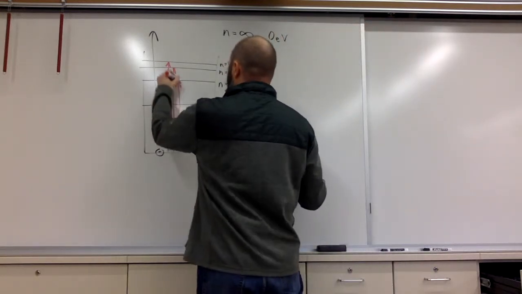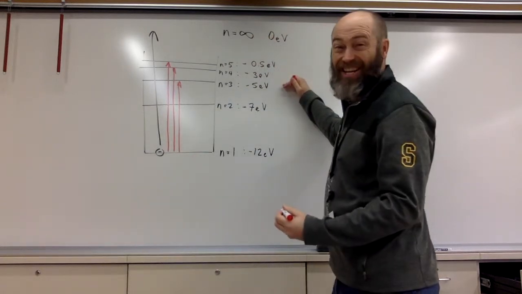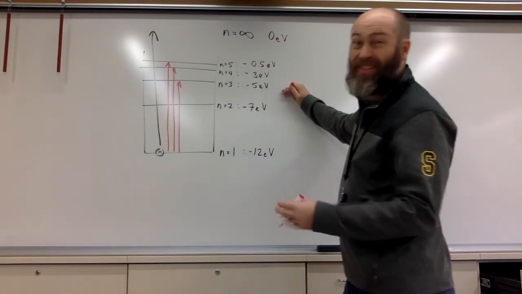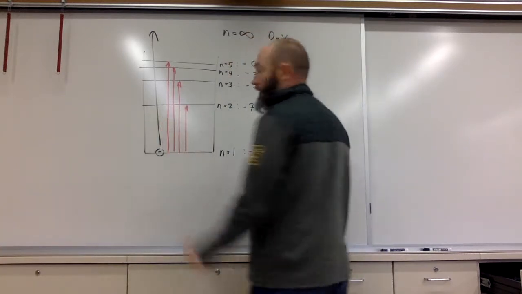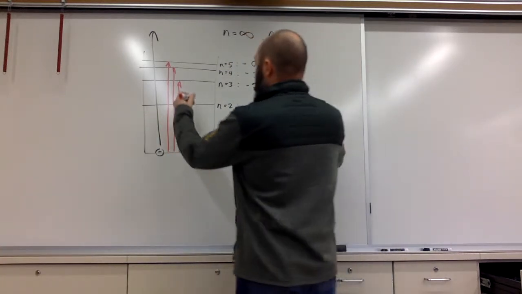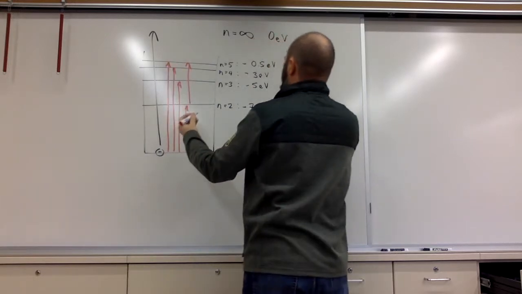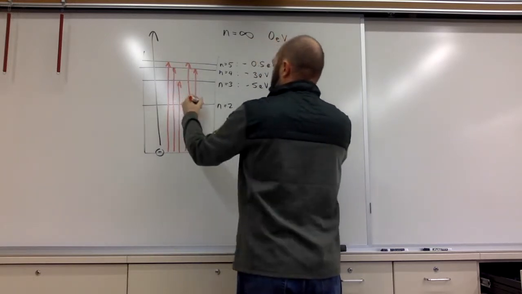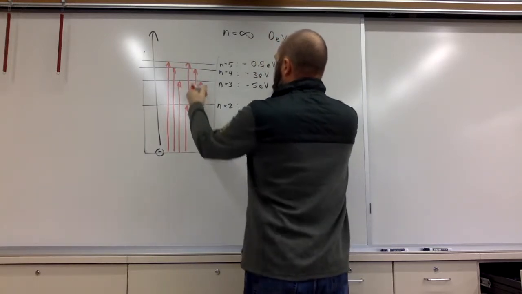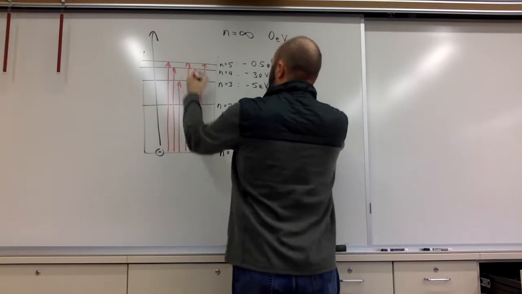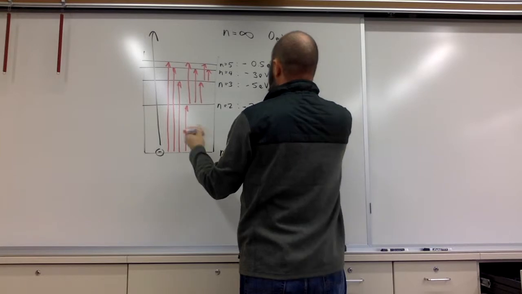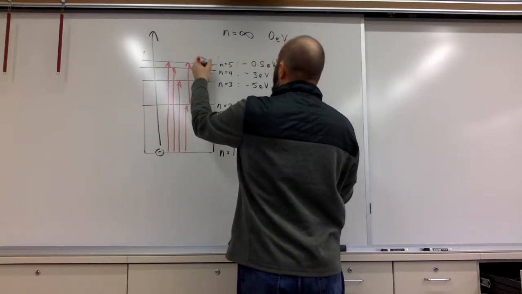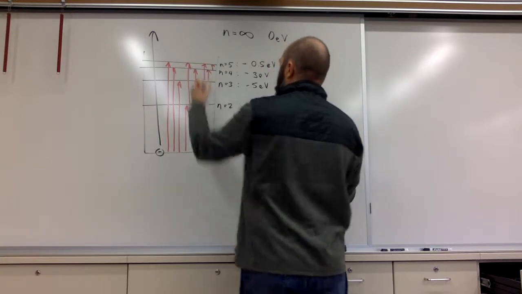You could absorb a 7 EV photon, and then you could absorb a 5 EV photon, but you could also absorb 6.5, 4.5, 2, and then you could also absorb 2.5.